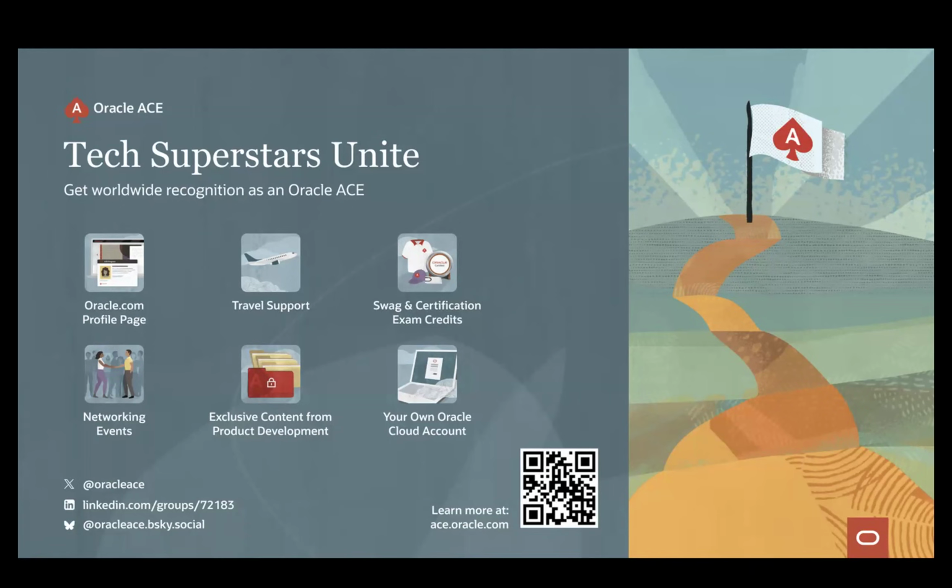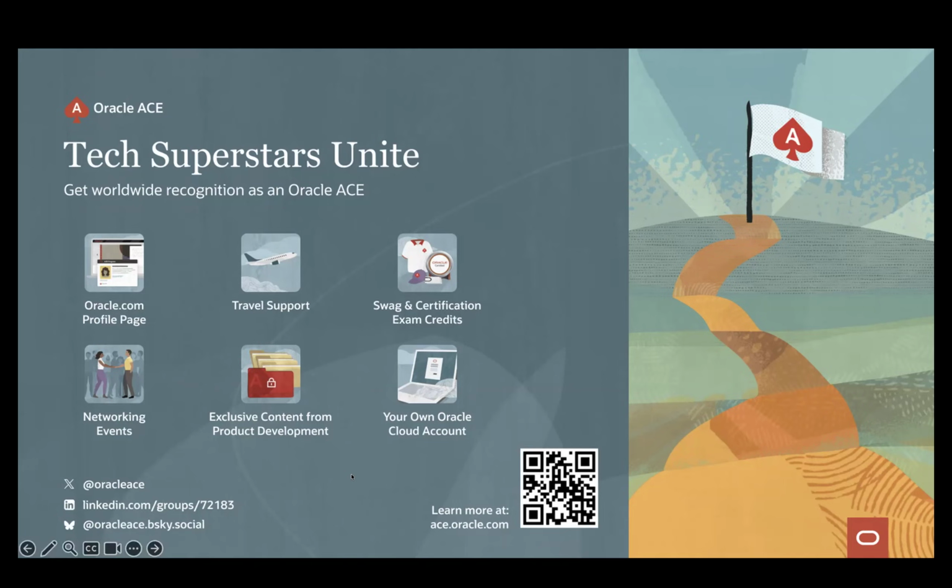If you're not an Oracle employee or a public sector employee, then we would be happy to welcome you to the program. The Oracle ACEs are our tech superstars. The program has been around for over 20 years, and it brings together all these amazing experts on Oracle technologies from all over the world.